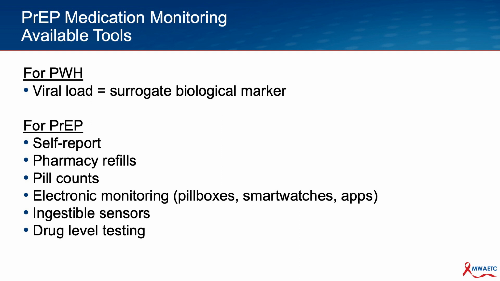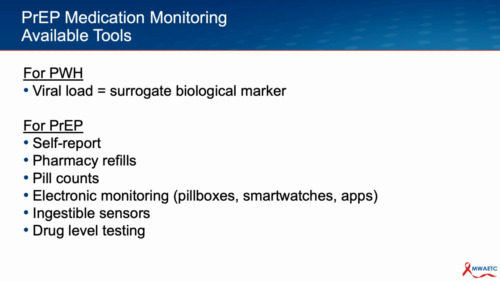So what we want are these surrogate endpoints. And what we've determined over the years is that someone who has an undetectable viral load, that's a surrogate marker for impact. Someone who has a detectable viral load is a surrogate marker for HIV morbidity and mortality. But there isn't the same thing that we can measure equivalent for HIV prevention.